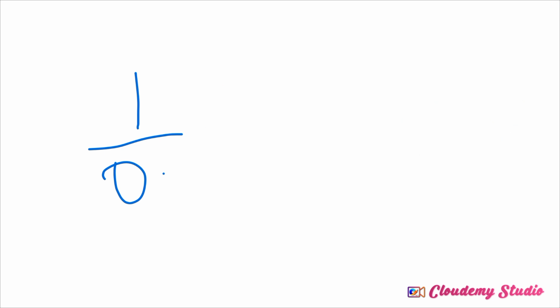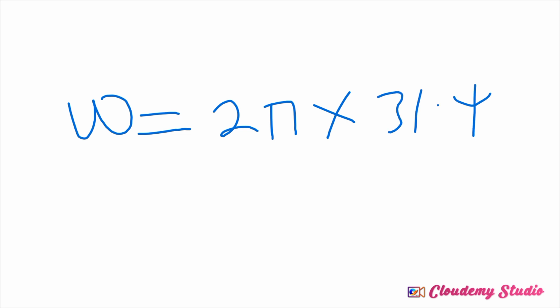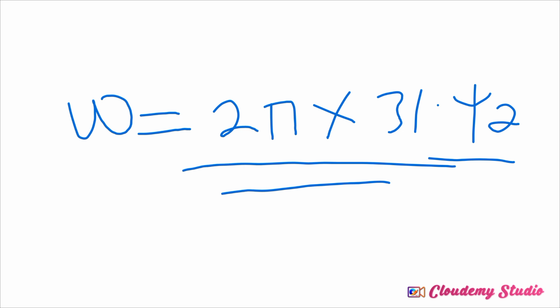For the other one, omega equals 2 pi multiplied by f, which is 20, and you can leave it in terms of pi or substitute 3.142, depending on how you want to present the answer. That's all for the first part on simple harmonic motion.